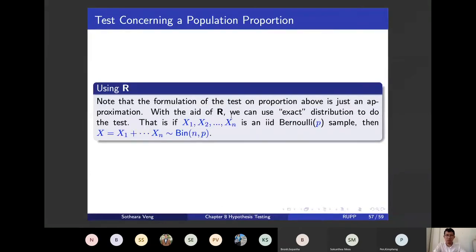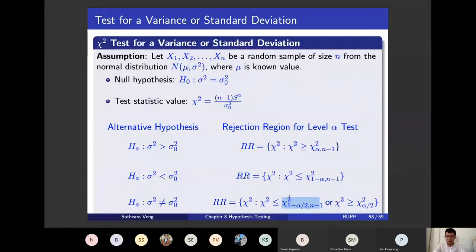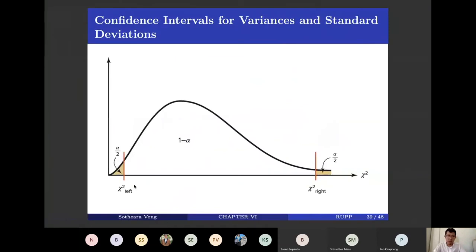Because when you want it to be here, this area must be 1 minus alpha over 2 to the right. The area to the right is 1 minus alpha over 2.